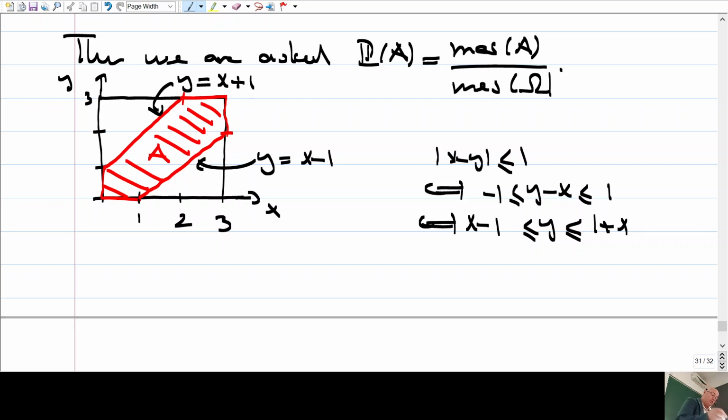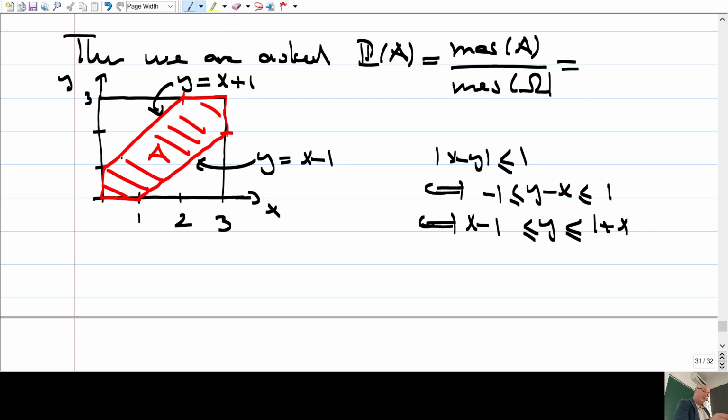So what is this measure then? Well, what is the area of A? If you cut like this and this, it will be easier to remove these triangles.